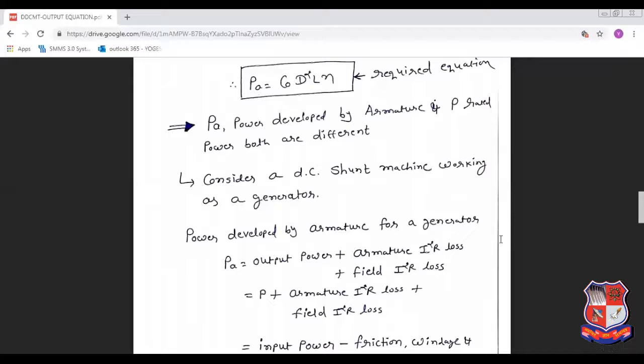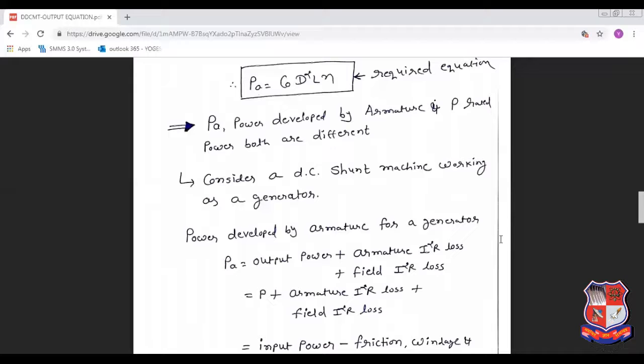The prime mover must supply the friction, windage and iron losses, which take place only when the machine is rotated. The armature supplies its own copper loss and also the field copper loss.